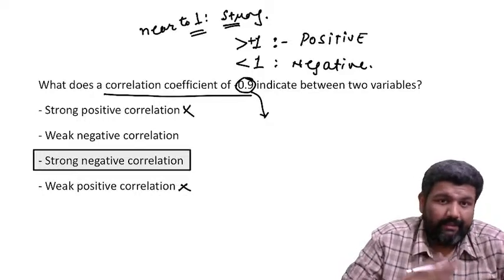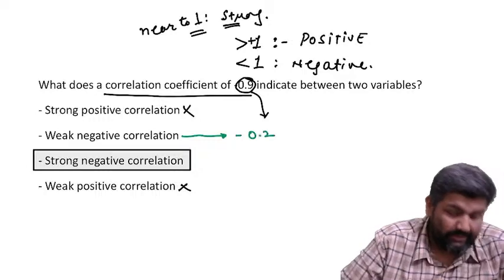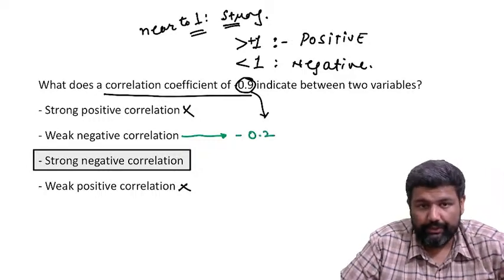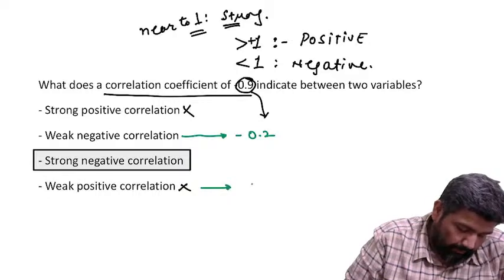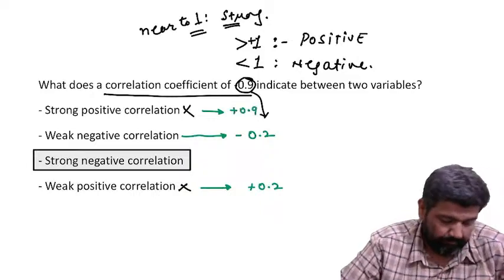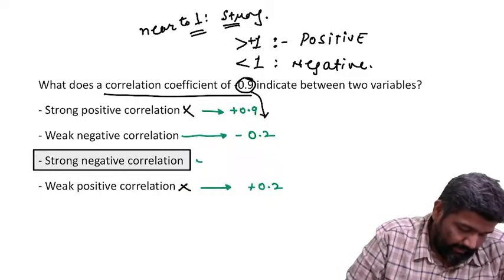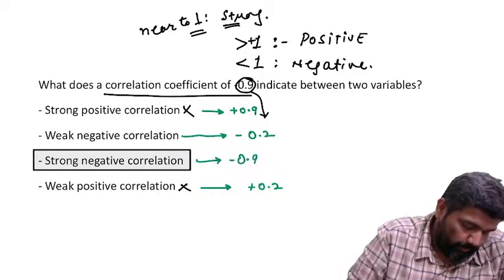Yes. What is a weak negative correlation? Minus 0.2 is an example of weak negative correlation. Weak positive is plus 0.2. Strong positive is plus 0.9. And strong negative is minus 0.9.